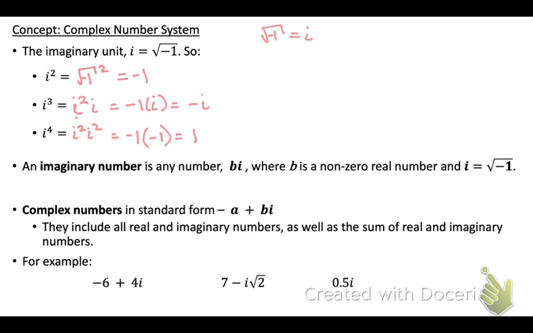So I only went to the 4th, and I said any power, right? What about I to the 5th? What's going to happen? It would be I to the 4th times I, wouldn't it? Why do I want to go I to the 4th? Because it's easy, isn't it? It's 1. Well, I to the 4th, which is 1, times I would be I. So what's happening?